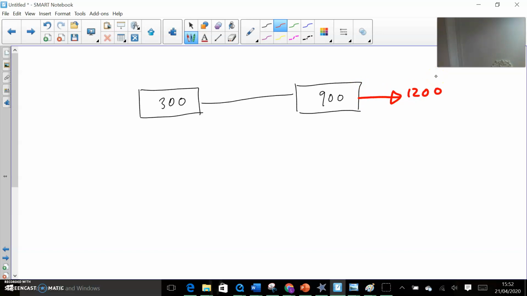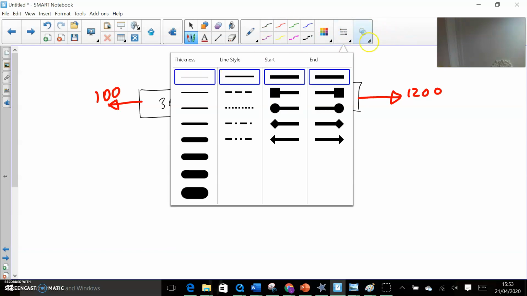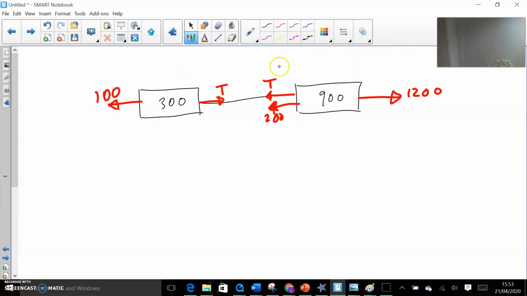We know that there are resistances to motion of 200 on the car and 100 on the trailer. And then we've got the internal force, which is the tension in the tow bar, which we'll call T. So we need to find the acceleration a and the tension.